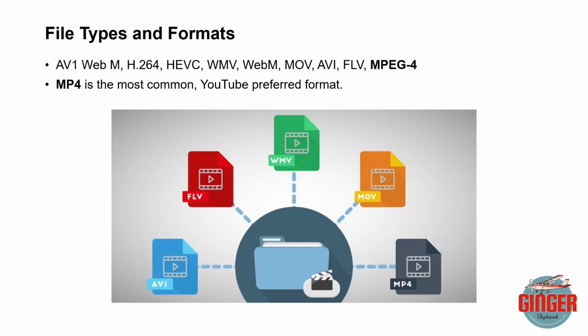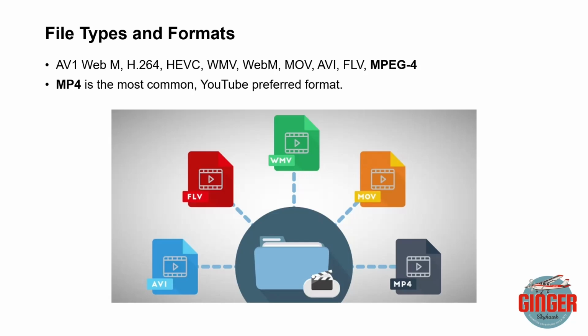So, file formats. In the old days, we used to have AVI. I know MKV is out there as well. There's movie files, lots of different files. MP4 is your friend. If you use MP4, you're going to be very happy.